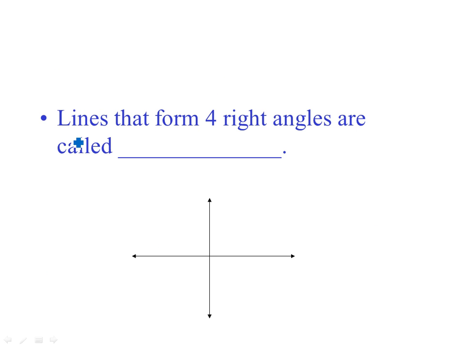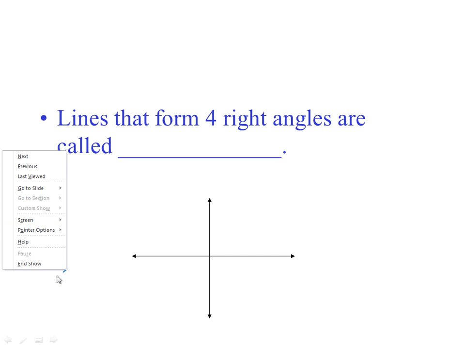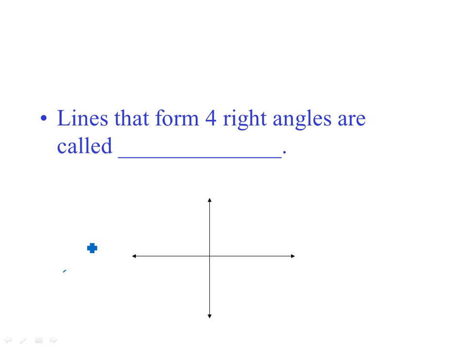Write this down. Lines that form four right angles are called what? What can we fill in that blank with? Perpendicular. So you got these two lines that intersect.